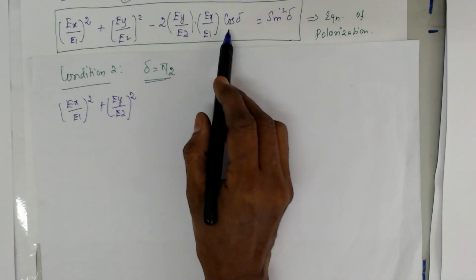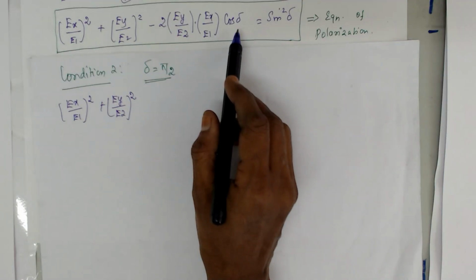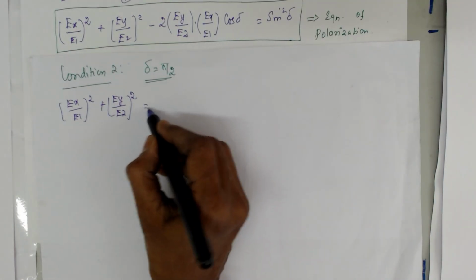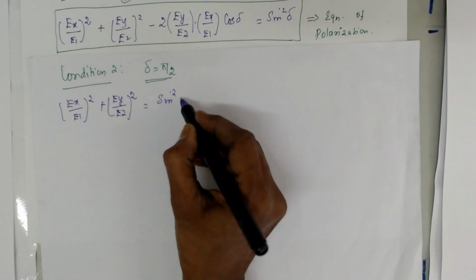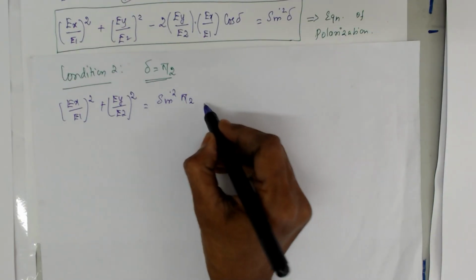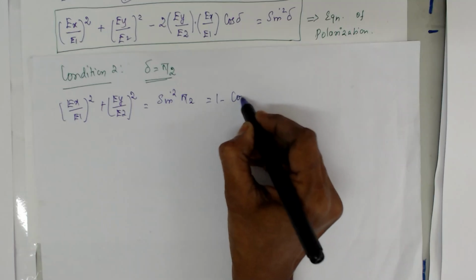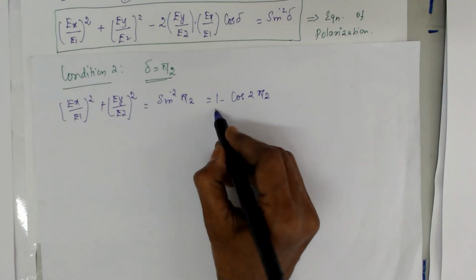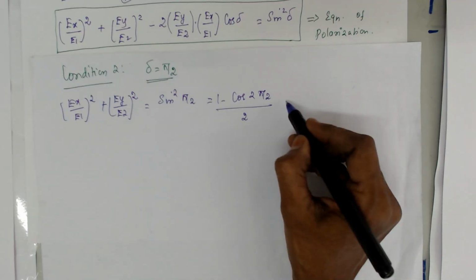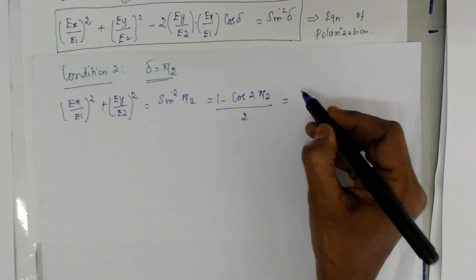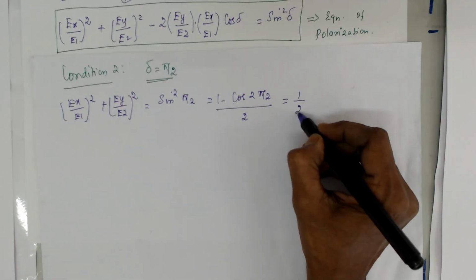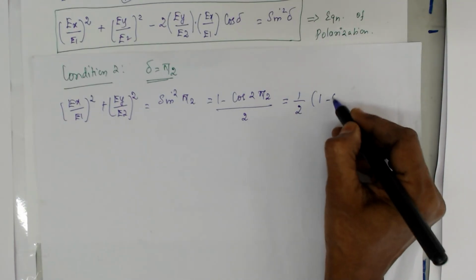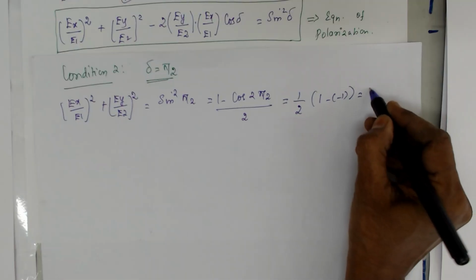So cos 90 term will be 0, and the right side is sin square pi by 2, which can be further simplified as (1 minus cos 2 theta) divided by 2. So which is equal to 1 by 2 into (1 minus of minus 1), which is equal to 1.